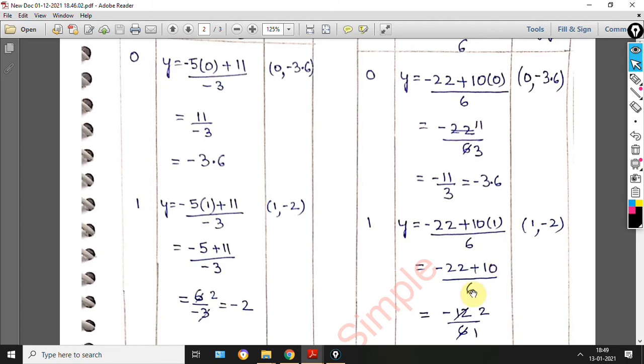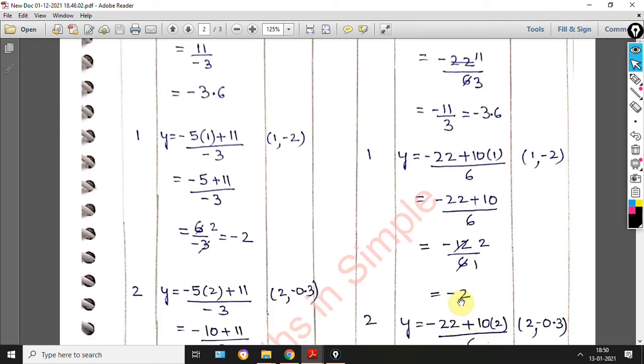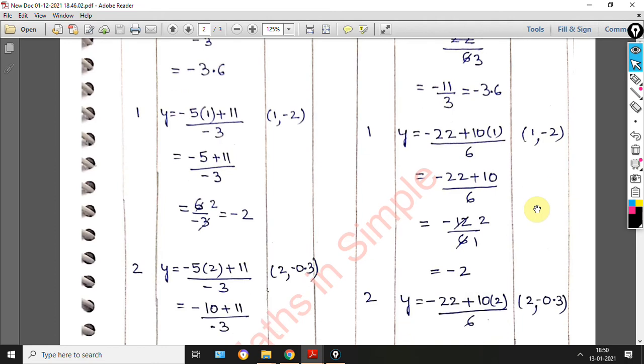Here for the big number, which is the big number? 22 is the big number, no? For the big number the sign is negative, so here we will get negative. From 22 if we remove 10 we will get 12. 12 divided by 6, we will get 6 ones are 6, 6 twos are 12, equal to minus 2 is the answer. So here we write the x value as 1 comma minus 2.